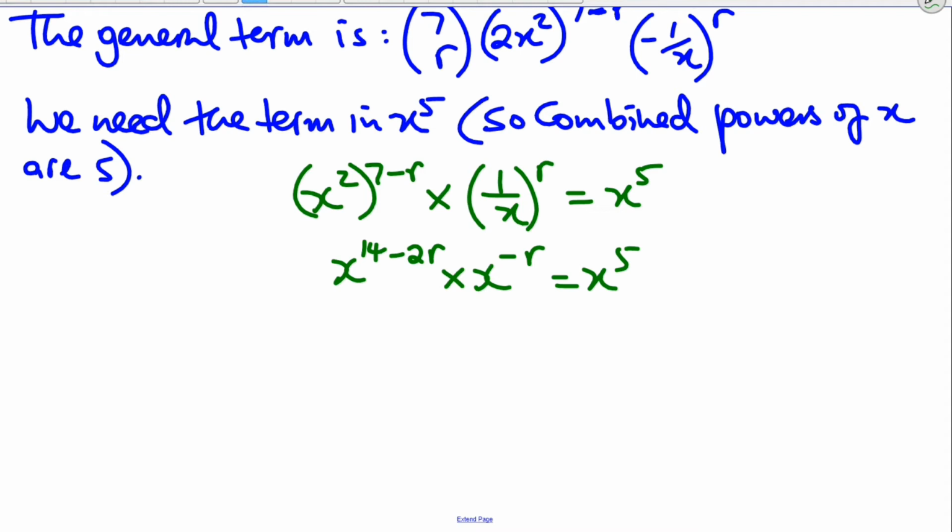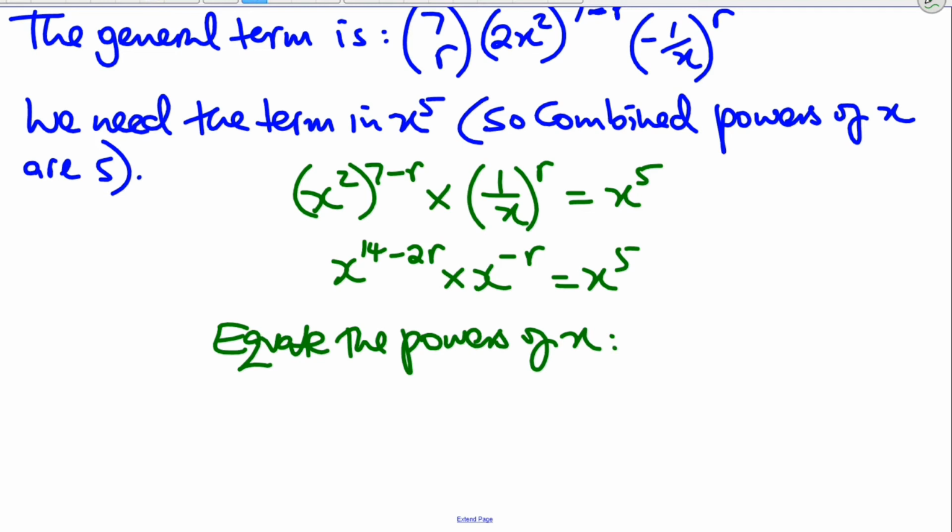If you equate the powers of x, what you'll end up with is 14 minus 2r minus r is equal to 5.